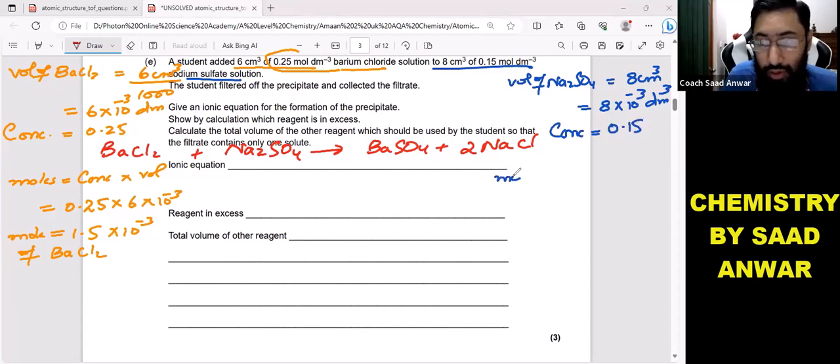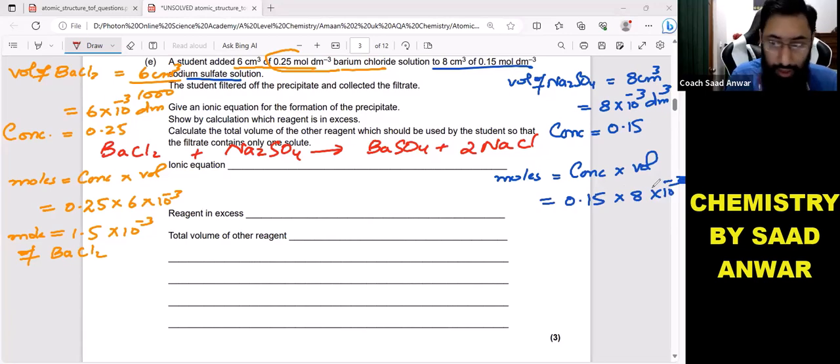Moles is concentration times volume, so 0.15 times 8 into 10 raised to power minus 3 is 1.2 into 10 raised to power minus 3 moles of sodium sulfate.